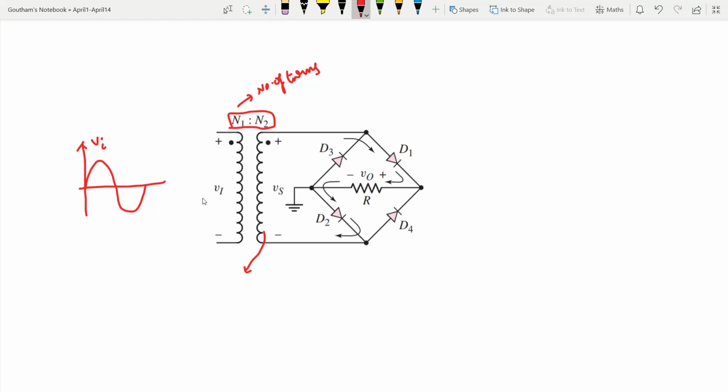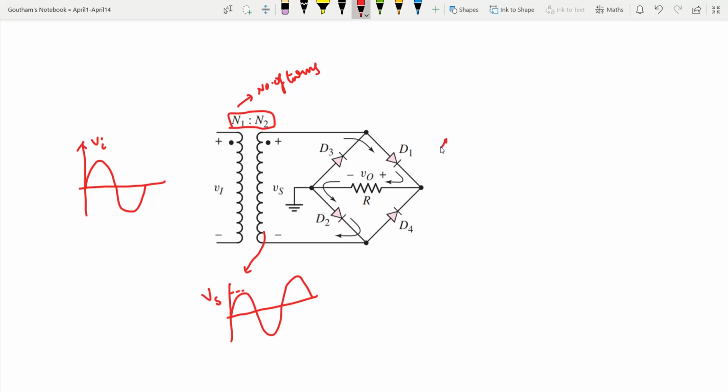But we usually use a step down transformer. At the secondary winding, we have Vs. Remember, the shape doesn't change, only the amplitude changes. Now let us try to understand the nature of Vs. Again, we divide the analysis into two parts.